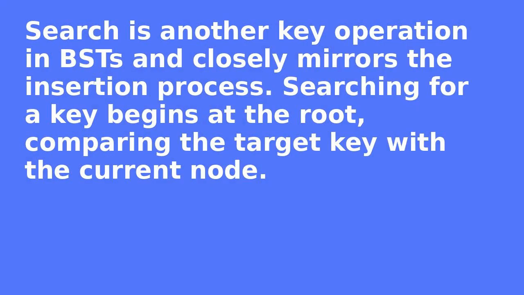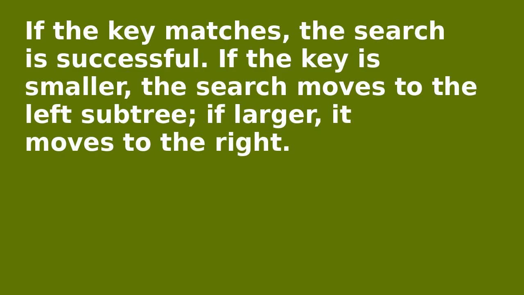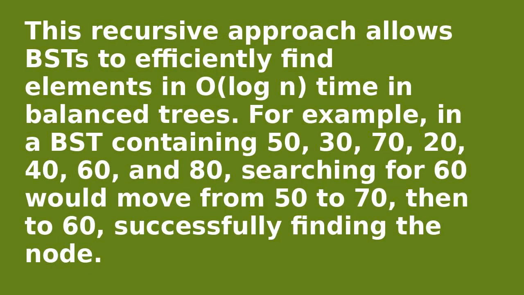Search is another key operation in BSTs and closely mirrors the insertion process. Searching for a key begins at the root, comparing the target key with the current node. If the key matches, the search is successful. If the key is smaller, the search moves to the left subtree. If larger, it moves to the right. This recursive approach allows BSTs to efficiently find elements in O(log n) time in balanced trees.